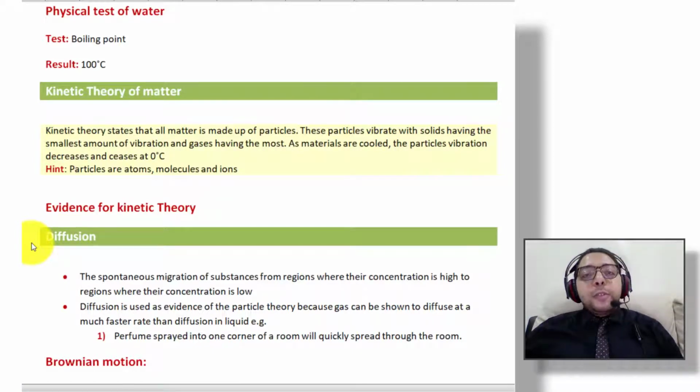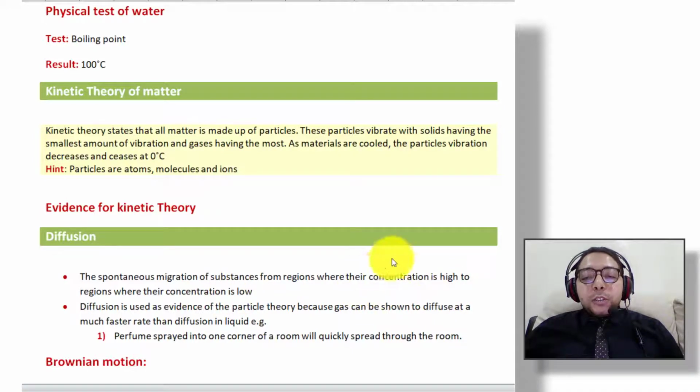So let's discuss diffusion from a scientific point of view. Diffusion is the spontaneous migration of a substance from regions where the concentration is high to regions where the concentration is low. So in this process, we find movement from a higher concentrated area to a lower concentrated area.